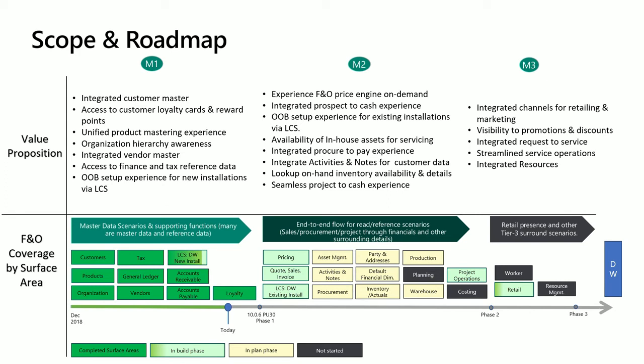So, before a sales associate raises a quotation or an opportunity, he can see how much inventory I have for a specific product, and this information will come from F&O onto CE, so that the sales associate can take an intelligent decision and calculate the ATP dates based on that.